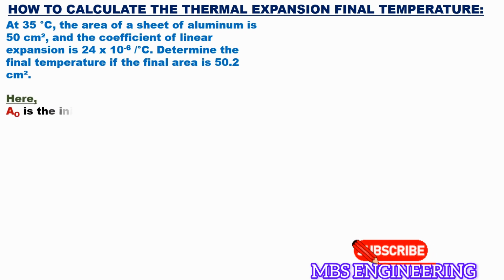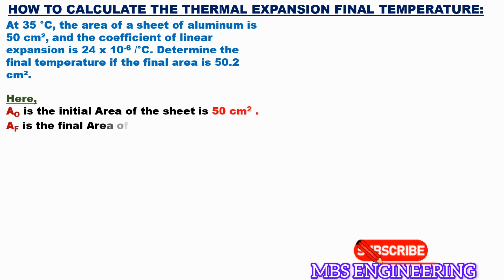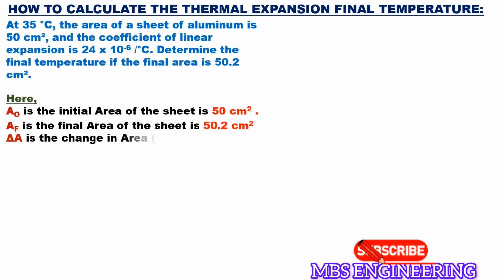Here, A0, the initial area of the sheet, is 50 centimeters square. AF, the final area of the sheet, is 50.2 centimeters square. Therefore, delta A, the change in area, is the final area 50.2 centimeters square minus 50 centimeters square. Therefore, delta A, or change in area, is 0.2 centimeters square.